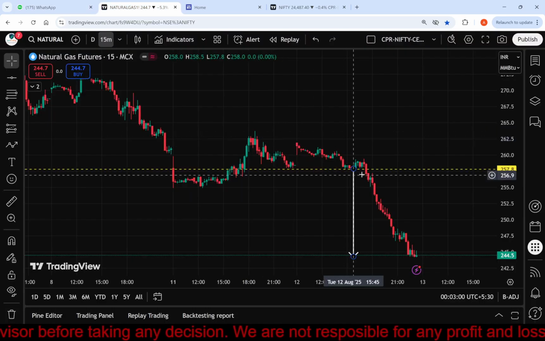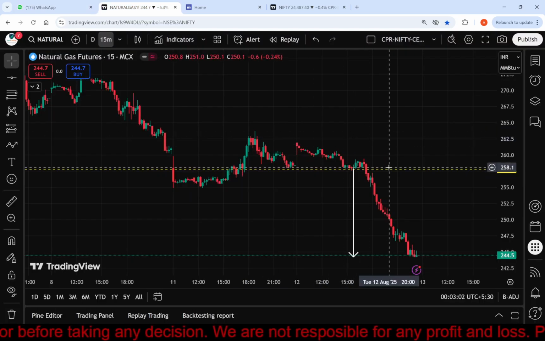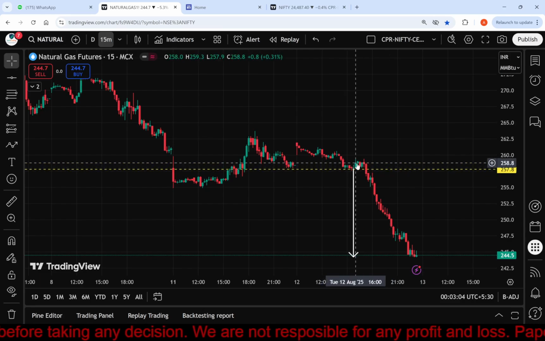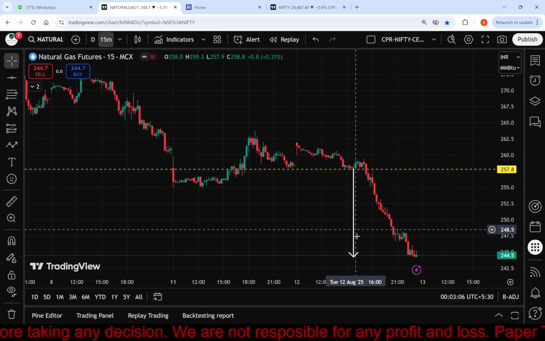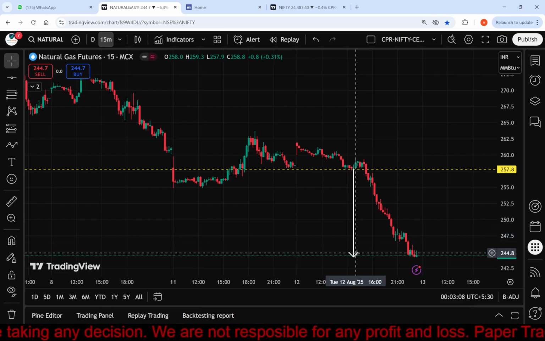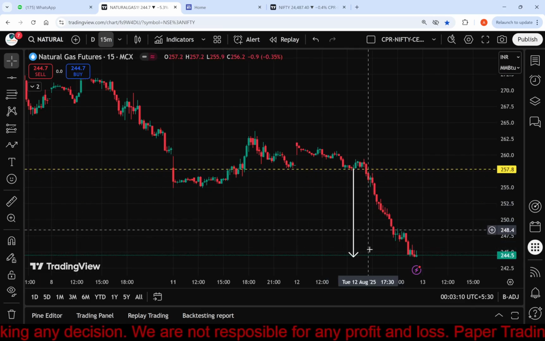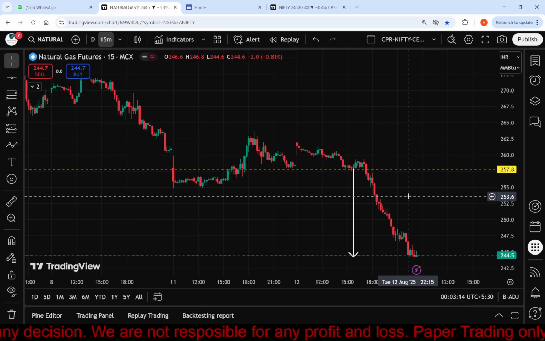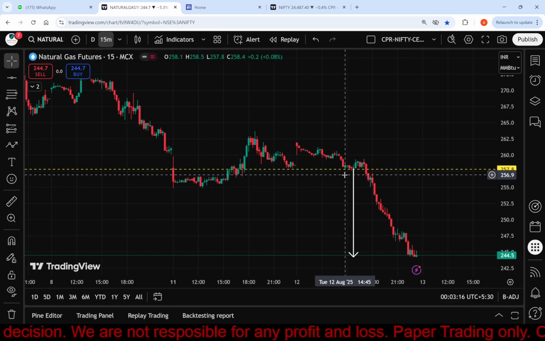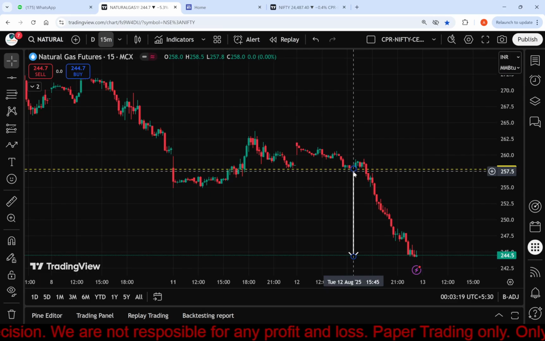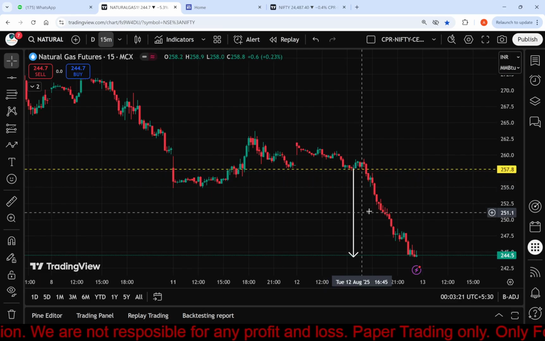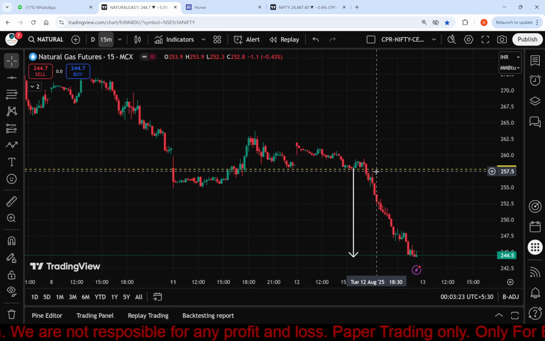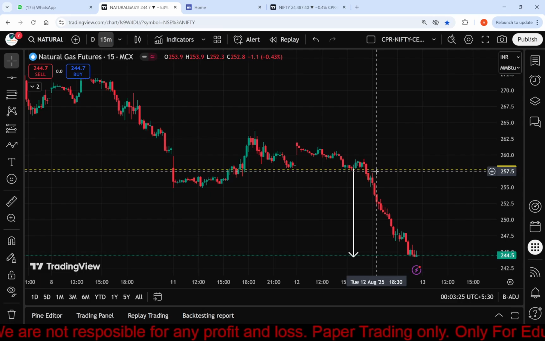After breaking 257.8 we got a one-sided fall, a big downtrend rally that we captured from 257 to 244, which is almost a 12-point fall. That's truly amazing. One point is worth 1250, so almost 20k profit per lot for a 10-point move down. Kind of a jackpot.